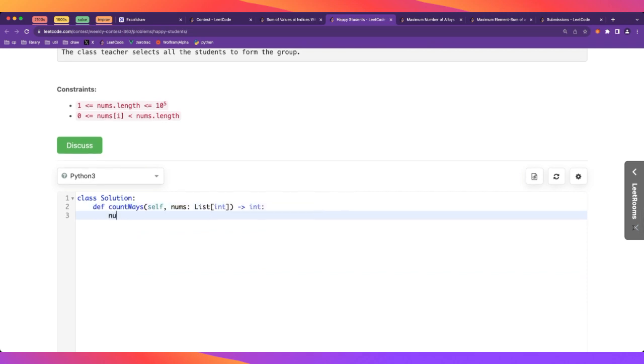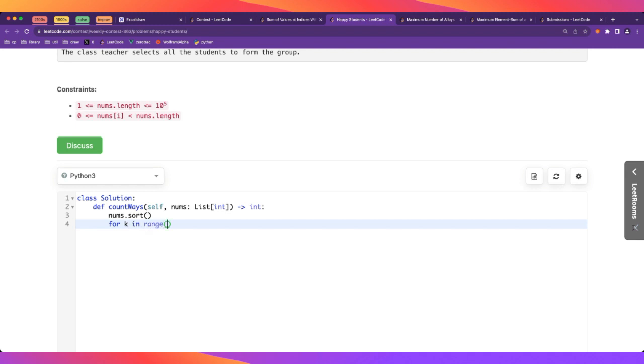So if we sort them, so let's say K is going to be between 0 and len of nums inclusive. That's all the possible number of selections that we can make, right?